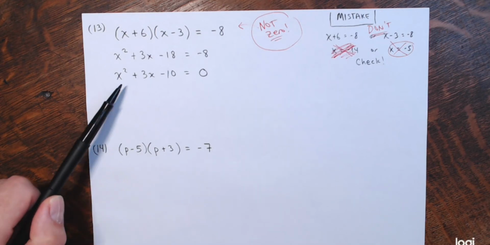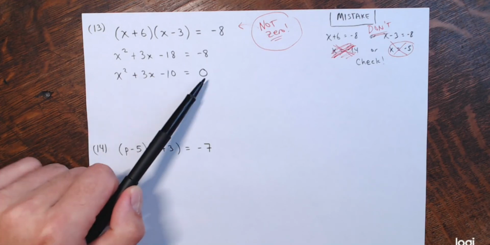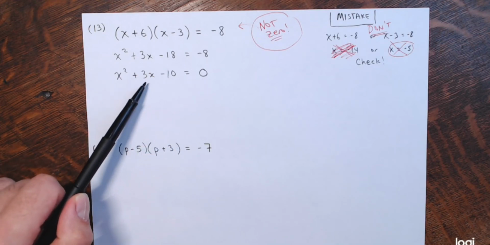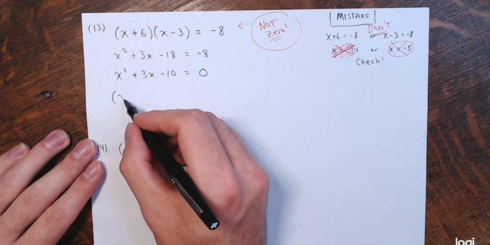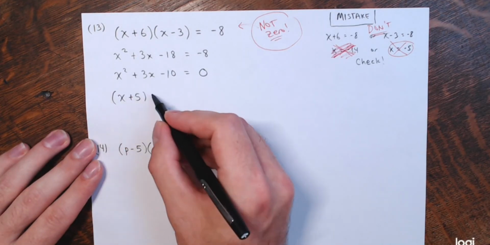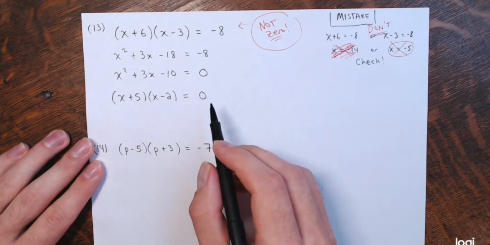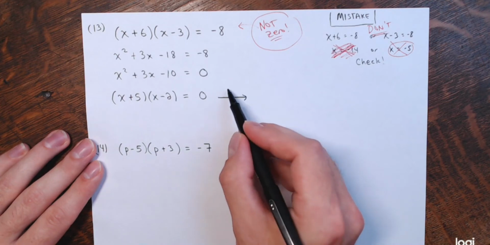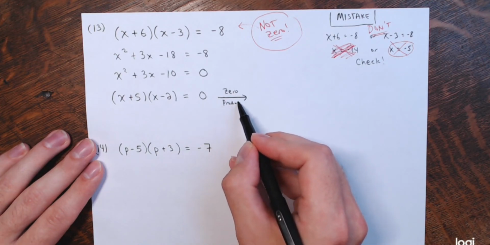And now I factor. I get a simplified polynomial on one side, 0 on the other, and then we factor that simplified polynomial. Now this would factor to x plus 5 times x minus 2, and then we still have the equal 0. Now we can use that 0 product property.